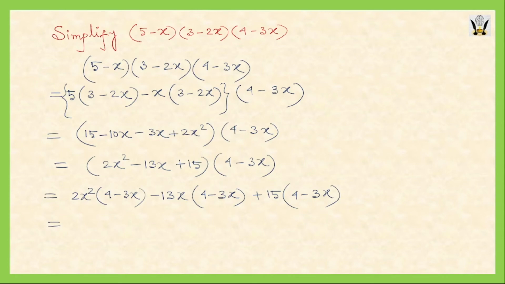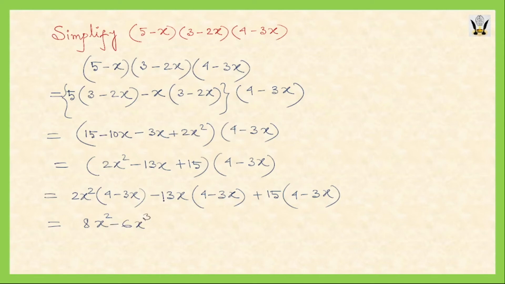Now 2x square and 4, so 4 and 2, when it will be multiplied it will become 8, and then it is 8x square, then minus 3x plus 2x square, so minus 3 and plus 2, when they will be multiplied it will be minus 6x square, and x it will become x cube.